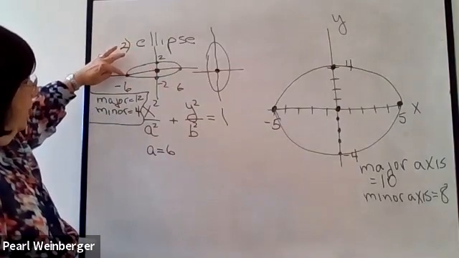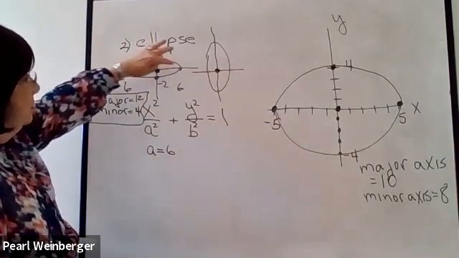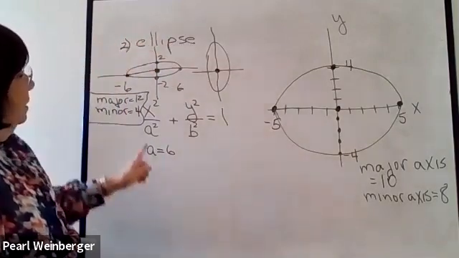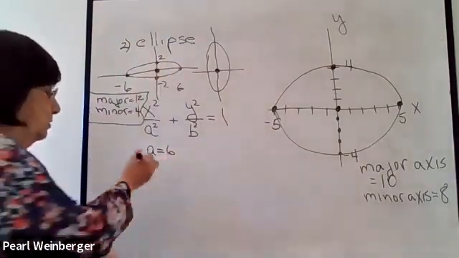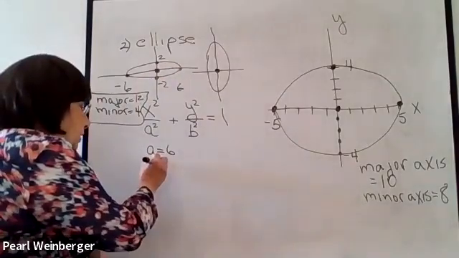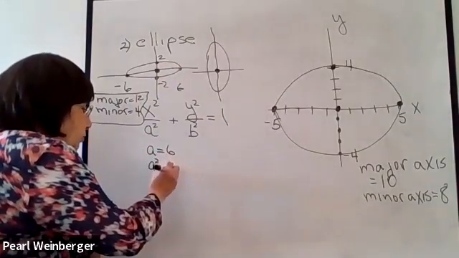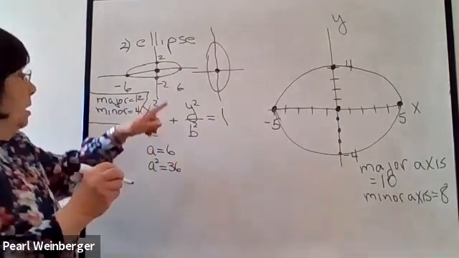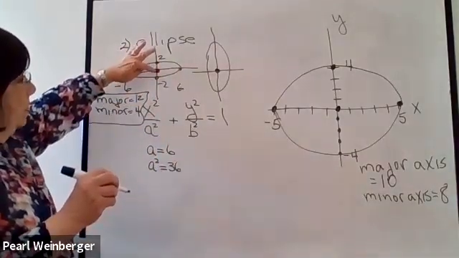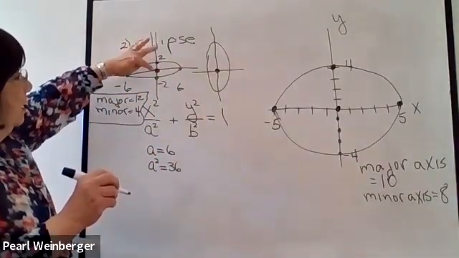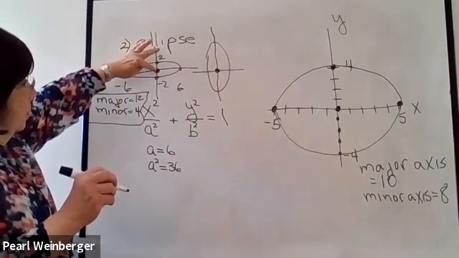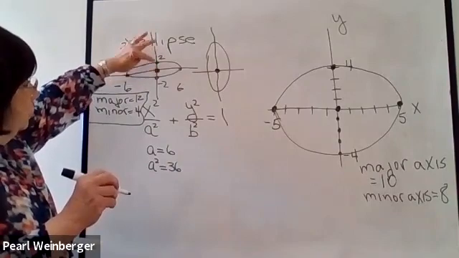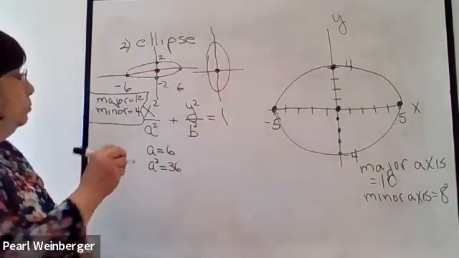Even though the whole major axis goes from -6 to 6, the x-intercept is 6, which means the A is 6, which means the A squared would be 6 times 6, or 36. The B is the y-intercept. Usually we go to the positive one. That means how far it is from the origin to where it crosses the y-axis.